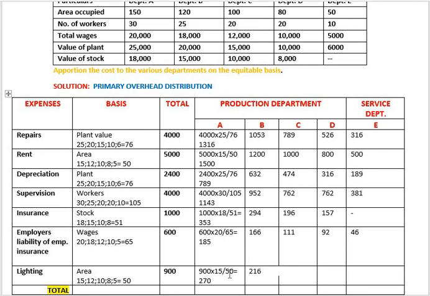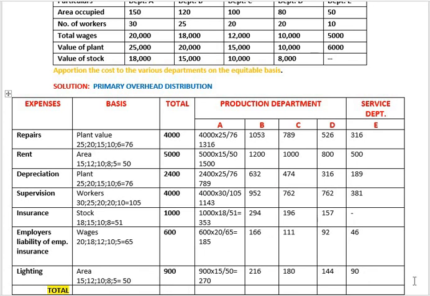And similarly for department C, 180. And for department D, 144. And department E, we will get rupees 90. Okay, so this is the apportionment for lighting.